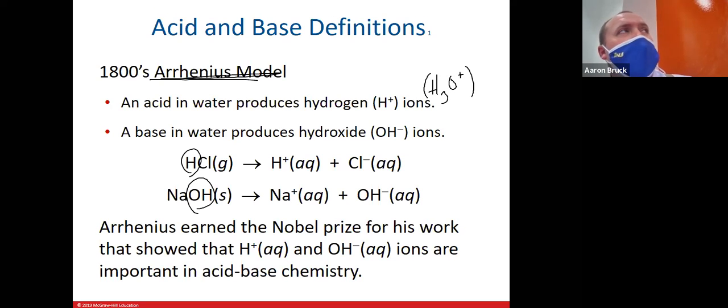And there are some common acids that do not follow this Arrhenius model either. So let's take a look at some of the problems surrounding this particular model of acid-base understanding.